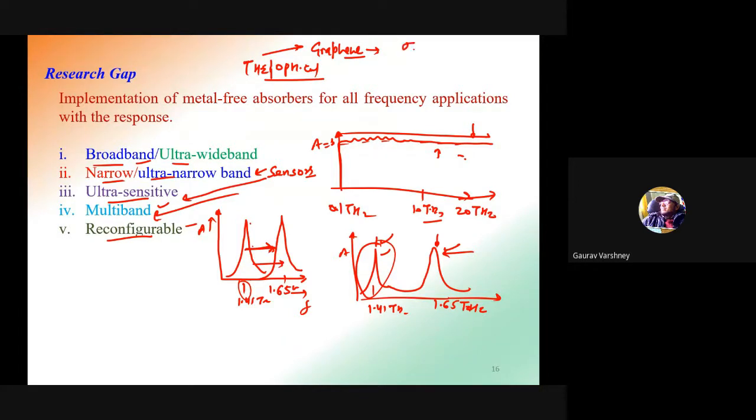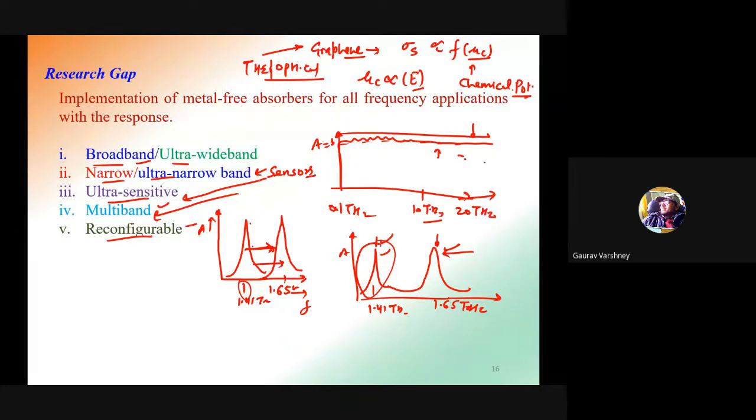It provides some surface conductivity, and using Kubo's formulas, this surface conductivity is a function of the chemical potential of graphene. The chemical potential of graphene is a function of the applied electrostatic bias.